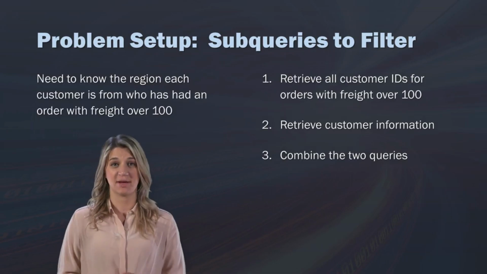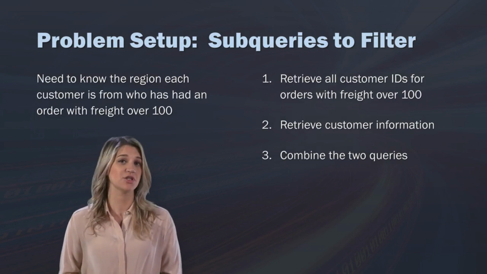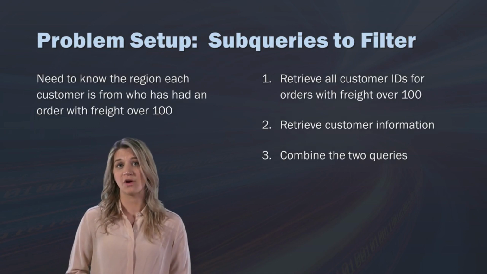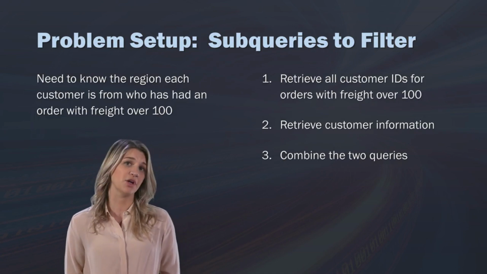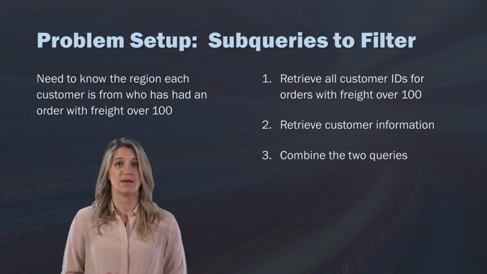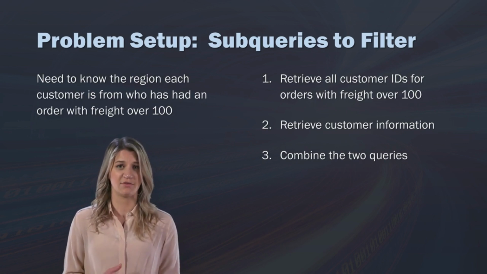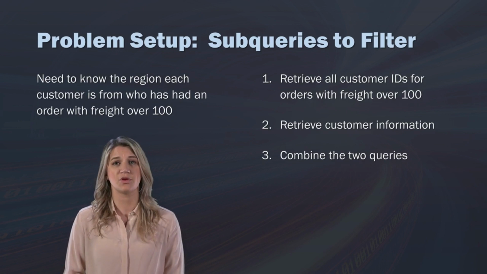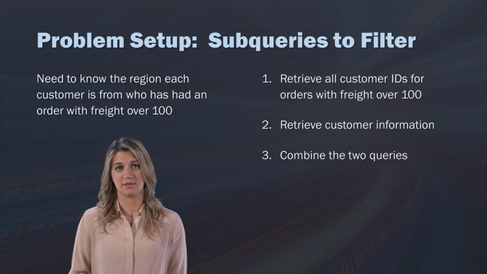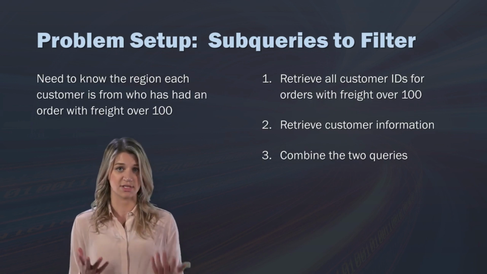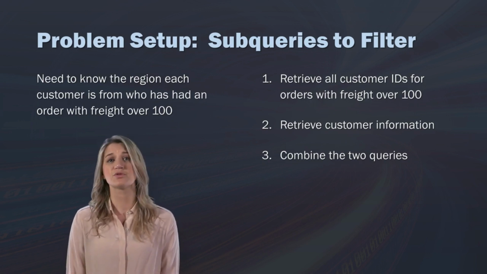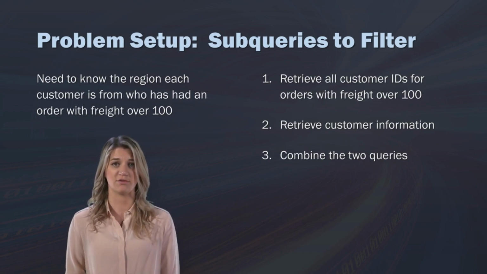Let's look at another example of this. Let's say we want to know the region each customer is from who has had an order with freight over 100. Maybe we're wanting to look at our shipping costs and say, who's really had heavy freight and where are these coming from? If we did this with the normal method we have right now, since this information is in two different tables, the customer table and the orders table, we would have to first retrieve all of the customer IDs for orders with freight over 100.